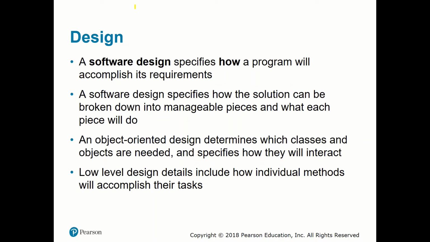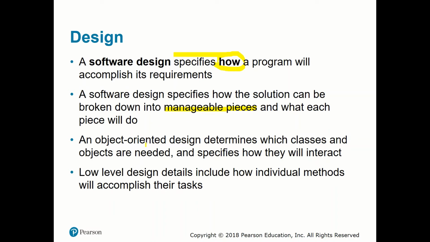Next, design. A software design specifies how a program will accomplish its requirements. A software design specifies how the solution can be broken down into manageable pieces and what each piece will do.